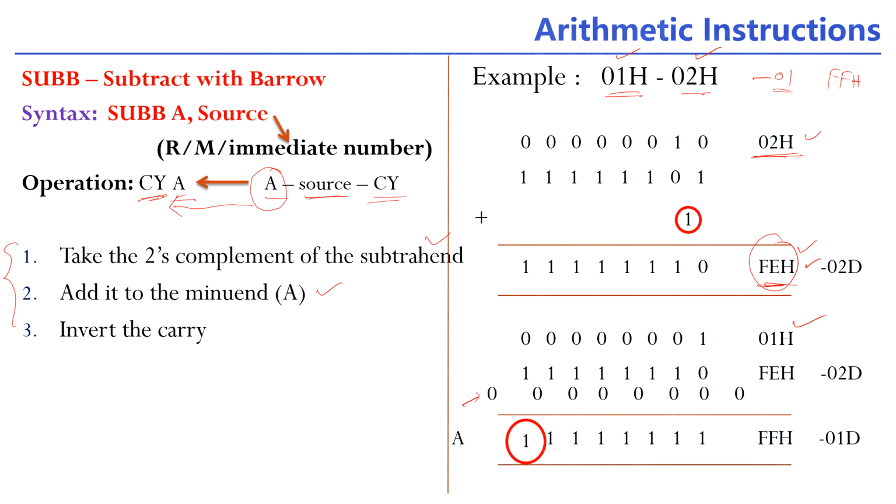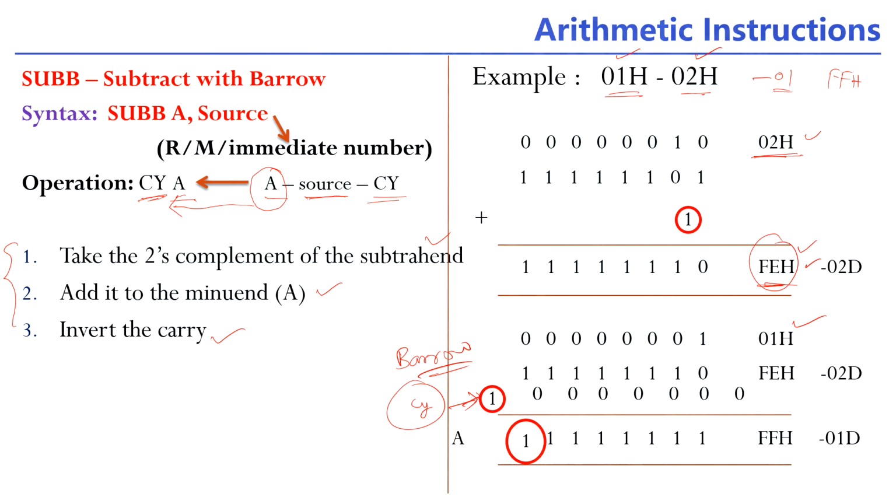But as per our algorithm, we need to invert this carry. As you invert this carry, the carry will become 1. Carry equal to 1 means this subtraction requires a borrow.